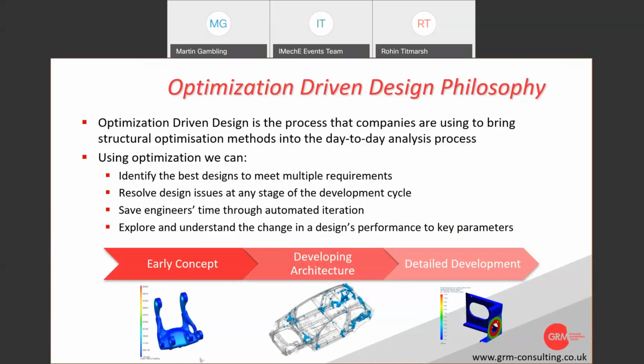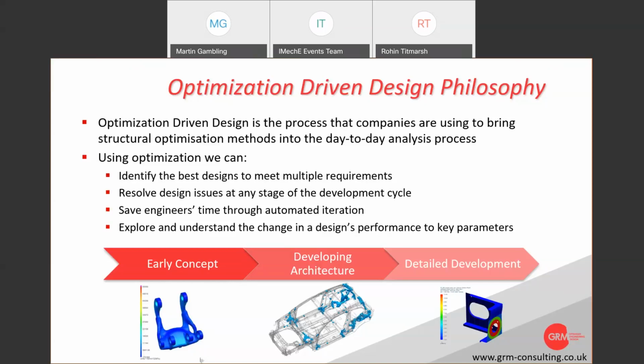So you can say, oh, can I make it a bit better or a bit lighter after I've developed it? The key thing is embracing optimization in the day-to-day activities from early concept through developing architecture, vehicle platforms and components right to the detailed design towards the end.